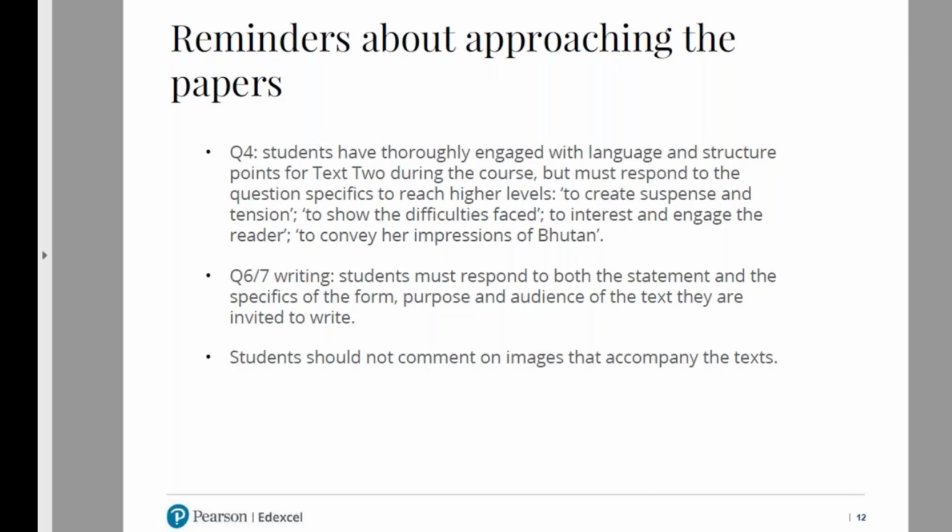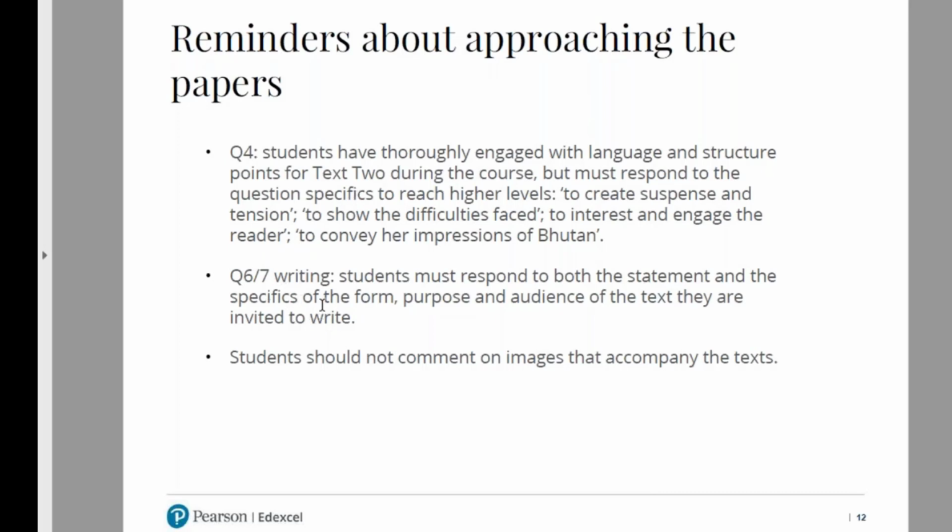But the question has a different focus each series, so they do have to adjust whatever they've learnt about the text which is selected. And I've just summarised here what the focuses have been in the question so far: to create suspense, to show difficulties, to interest and engage the reader, etc. So question 4, they know the text, but they don't know what the focus will be.